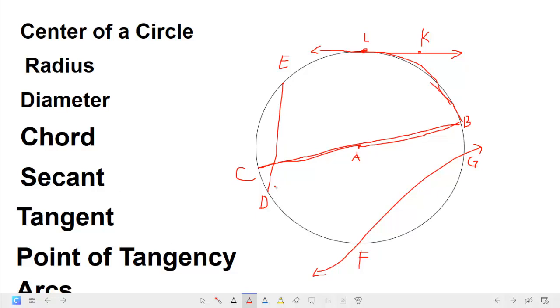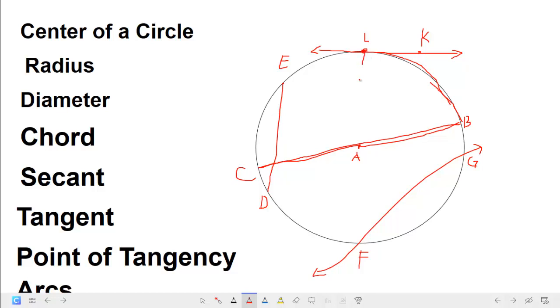We have a major arc when it is more than 180 degrees, more than half of the circle, and less than 180 is the minor arc. For example, from here we have arc BL. Arc BL is a minor arc because this is less than 180 degrees.